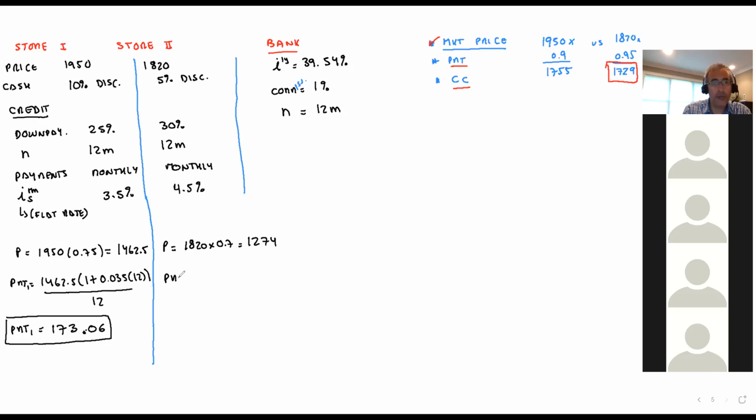So my payment 2 is going to be 1,274 multiplied by 1 plus 0.0445 multiplied by 12 divided by 12. So what do you get here? I have 163.50. Yep, 50 cents.